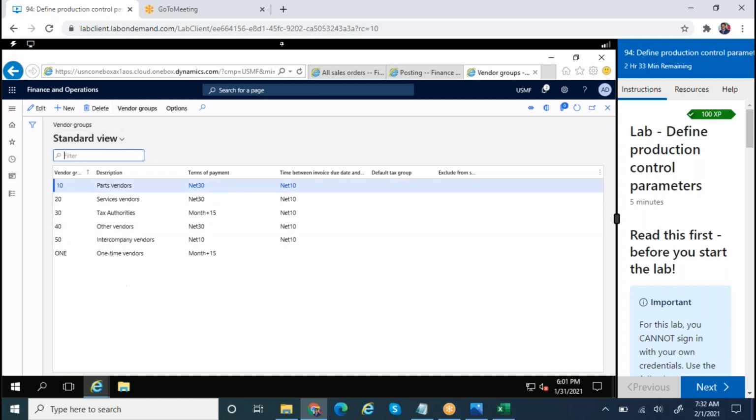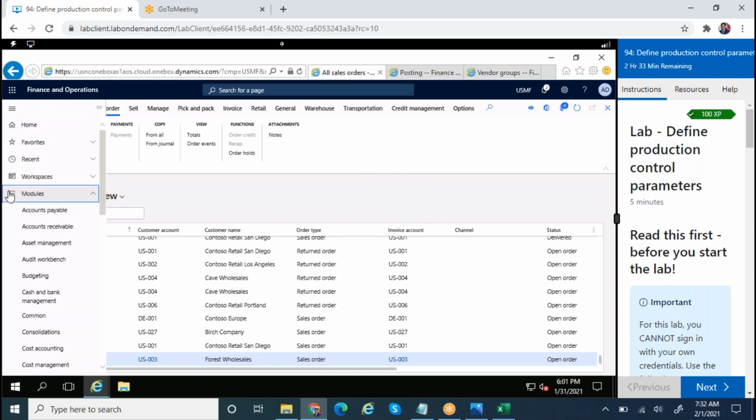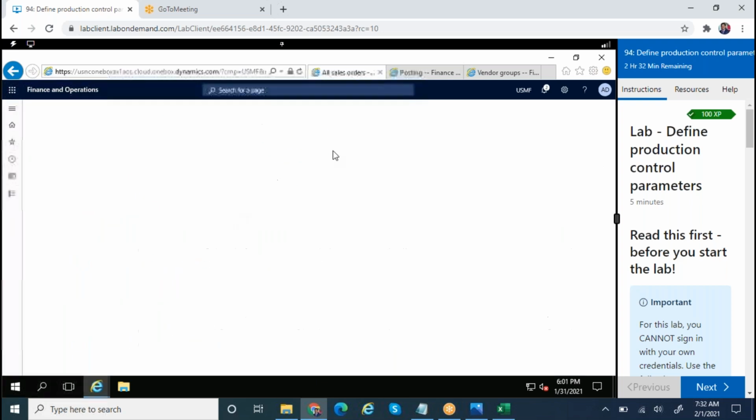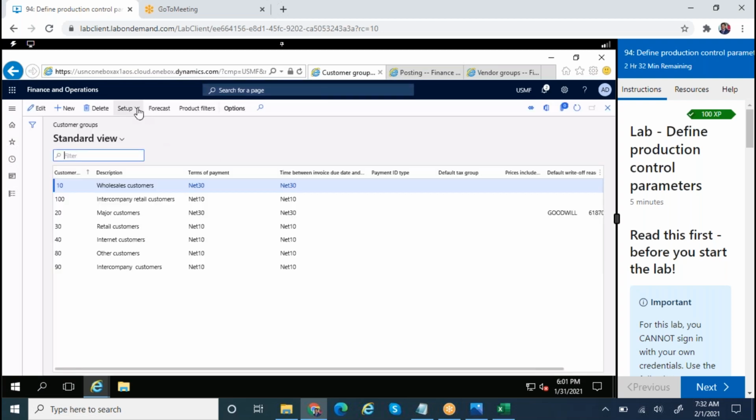So here from the vendor group you are opening, or from the customer group also you can map, accounts receivable, customer groups. From here you can open this postings.